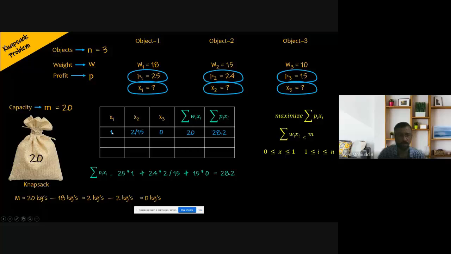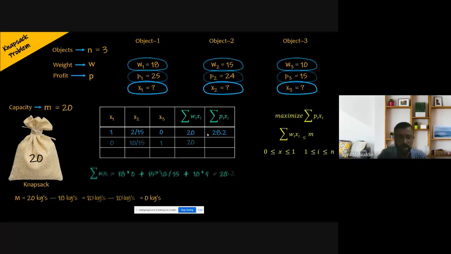The whole of object 1 is filled in the knapsack, a fraction of 2 by 15 of object 2 is filled, and nothing of object 3 is filled, which gives us the profit of 28.2. Now this happened when we use the logic of selecting the object which has maximum weight.